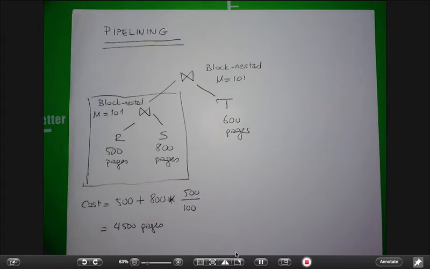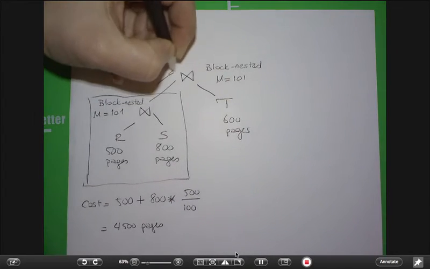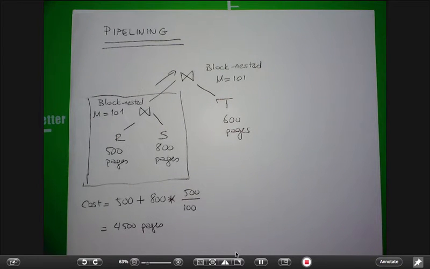I can execute this query only as much as it takes to fill the input buffer for the top join. Remember the iterator interface I told you about, get next? I'm going to call get next, get next, get next for this top operation until I fill the input buffer.